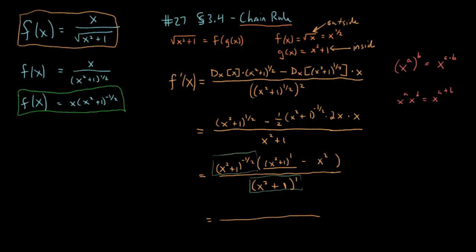Well, the quotient rule of exponents says you can simply take the upper exponent minus the bottom exponent. So you have a negative 1/2 power. You have negative 1/2 minus 1, which would be the negative 3/2 power. So we would have x squared plus 1 to the negative 3/2 power, because you would simply subtract 1 from negative 1/2. Negative 1/2 minus 1 gives you negative 3/2.